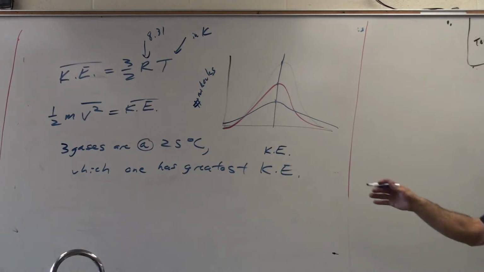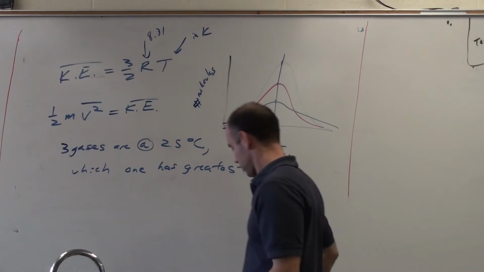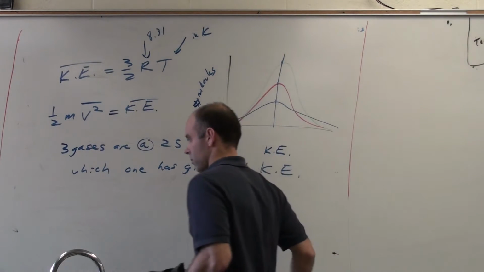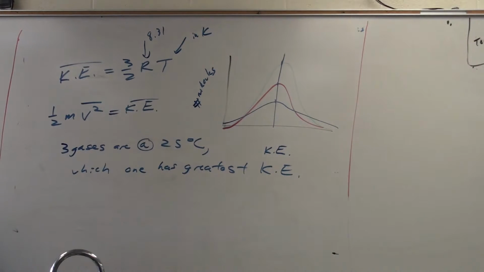If you're at the same temperature, you all have the same kinetic energy, okay? So, once again, if you're all at the same temperature, you have the same average kinetic energy.